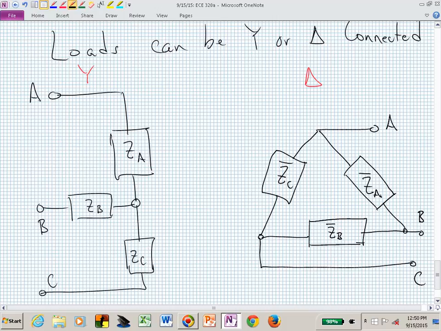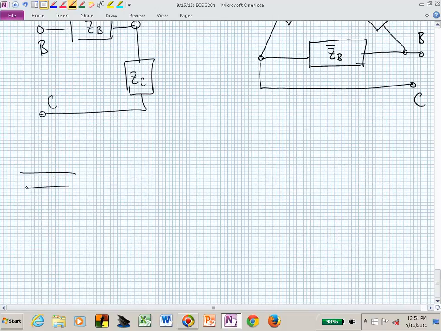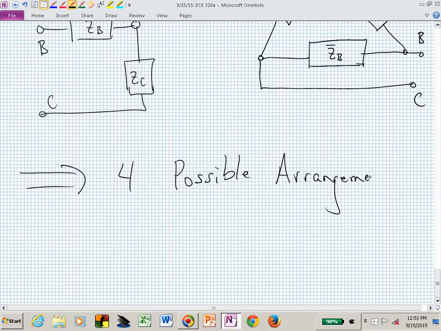And that's what we are going to be doing. But those are the two possibilities for our loads. Now if we interconnect those, two source combinations and two load combinations, we end up with four possible arrangements.